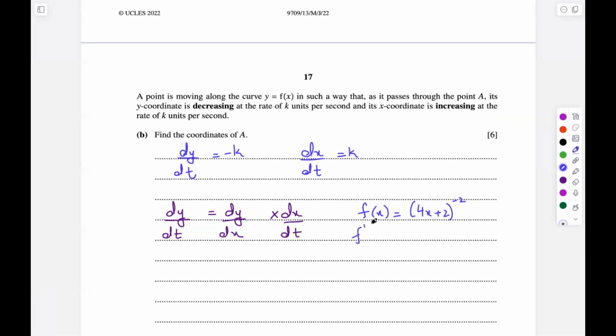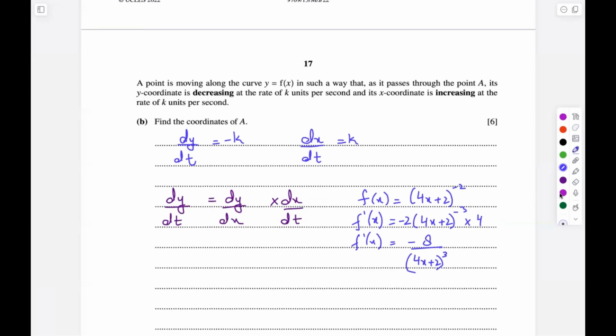So finding the derivative, f dash of x, will decrease the power by 1. We multiply by minus 2 first and decrease the power by 1, so that will become minus 3, and then multiply with the derivative of 4x plus 2, which is 4. So f dash of x will be equal to minus 8, and we can write (4x plus 2) in the denominator with the positive power.